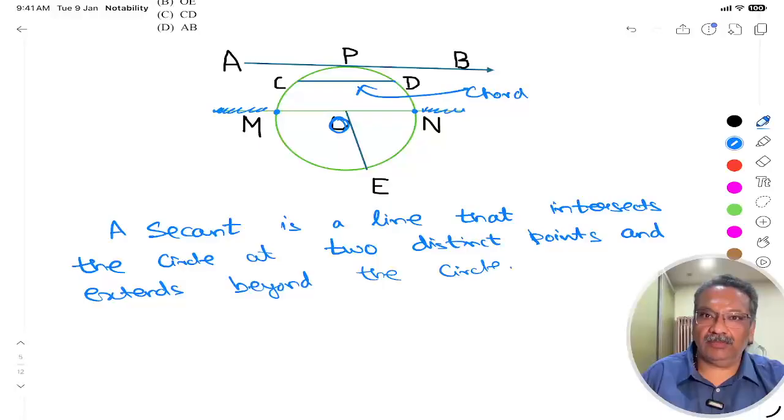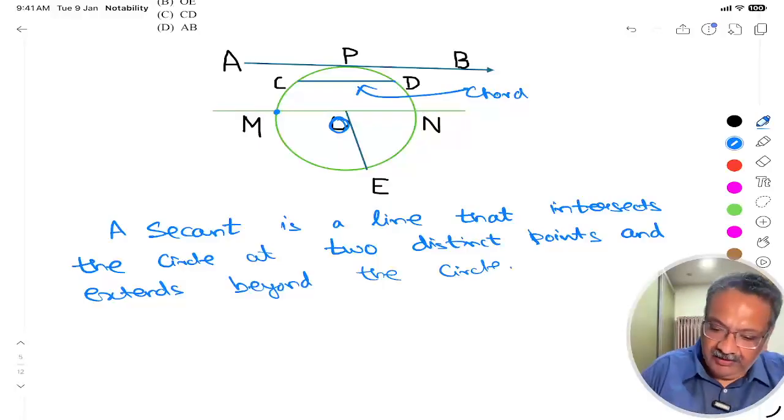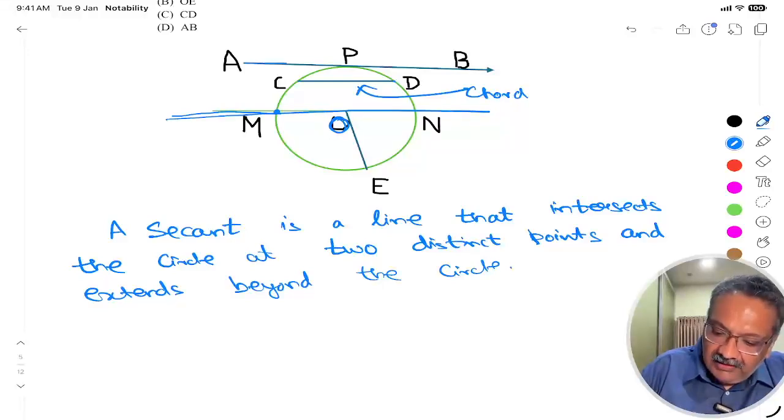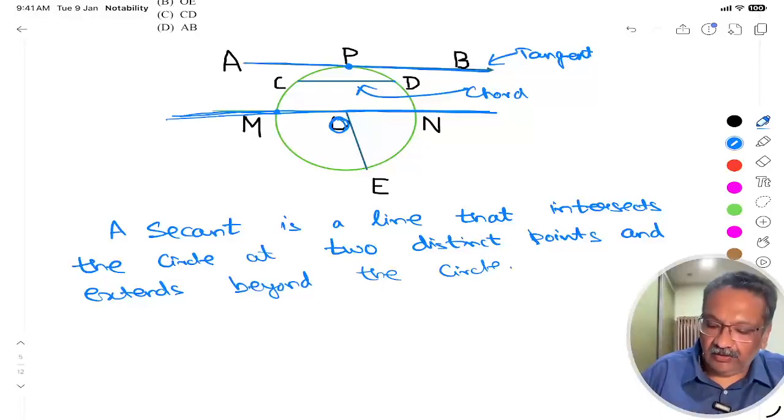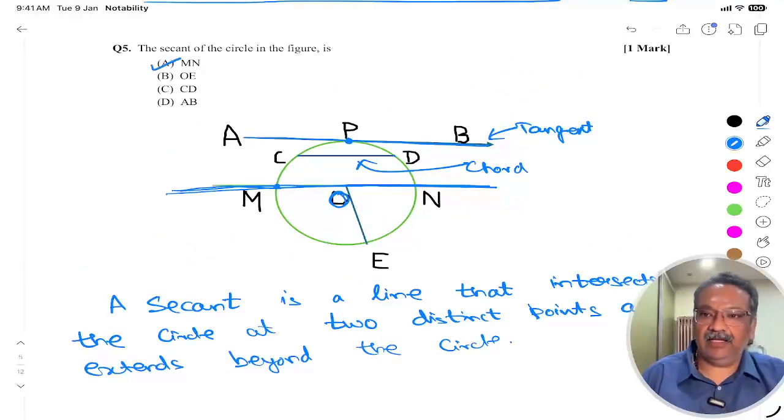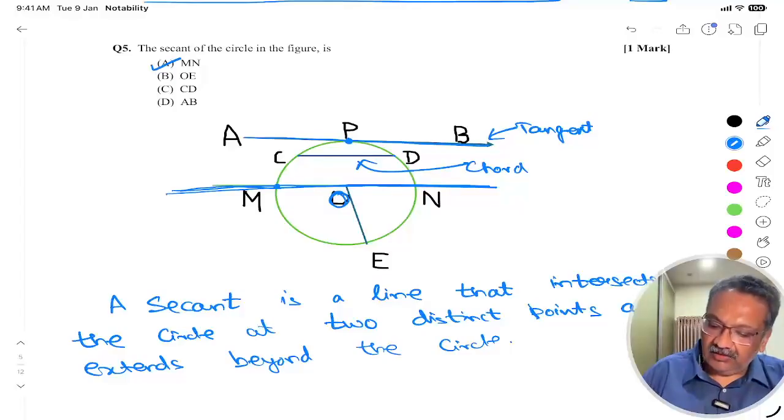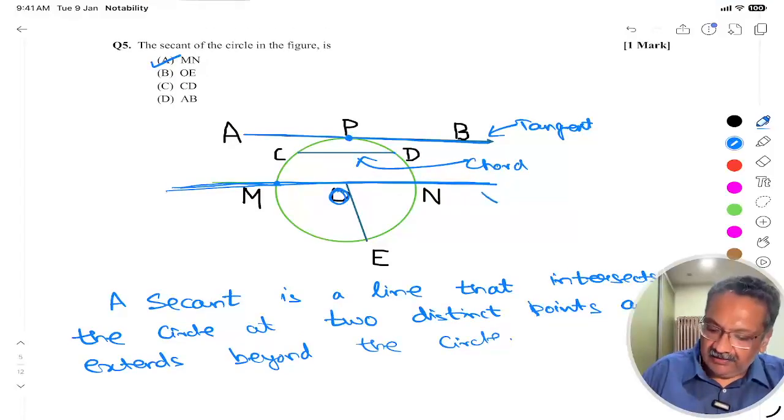I'll have to refer to the question paper. No, MN is extending. This is correct. Right. Now, AB is touching the circle at only one point P. Correct. So this becomes a tangent. Now, MN is the line which extends beyond the circle, it goes beyond on this side and on this side. Okay? So therefore the answer is A, MN. This is a tangent, CD is the chord, MN is the secant, and OE is the radius.